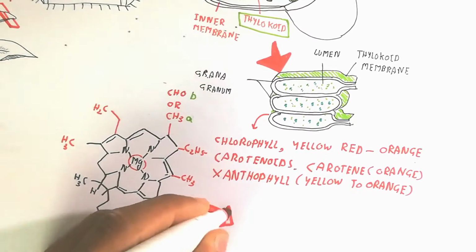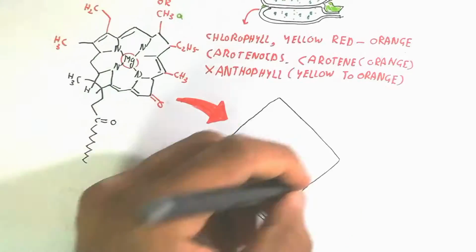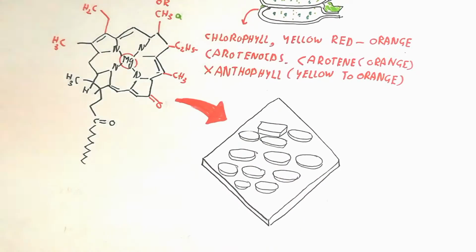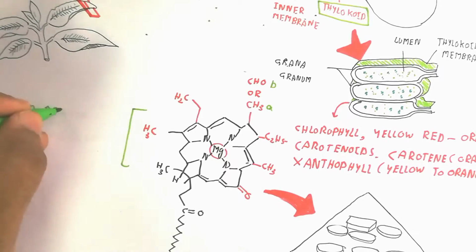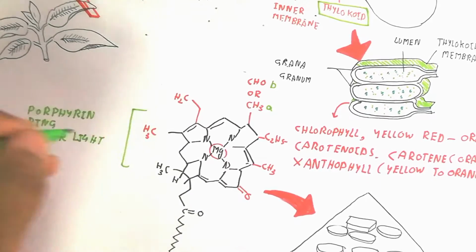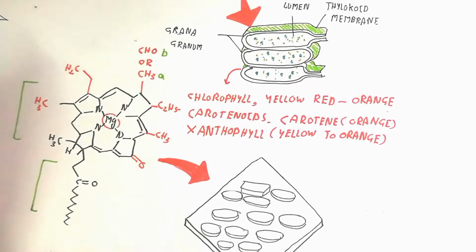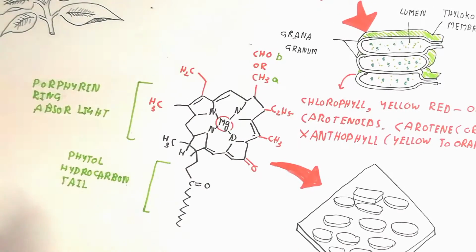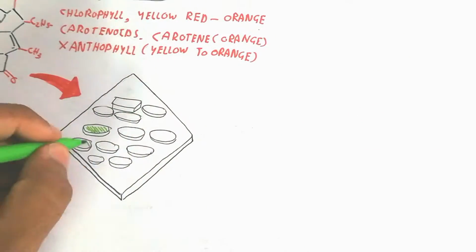And chlorophyll B is the hydrocarbon color, basically oxygen, carbon and hydrogen. There is the tail and the head. The head is used for the absorption of light. Magnesium is the central part of this molecule, and here the phytol hydrocarbon tail is present.